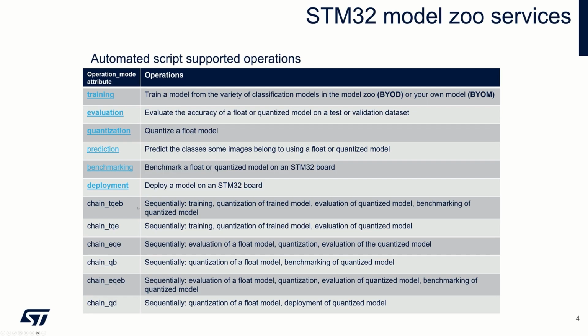And in order to add additional flexibility, you can perform sequentially more than one operation. You can chain the operations, like here, for example, the training, quantization, evaluation, and benchmarking is chained in one automated script.